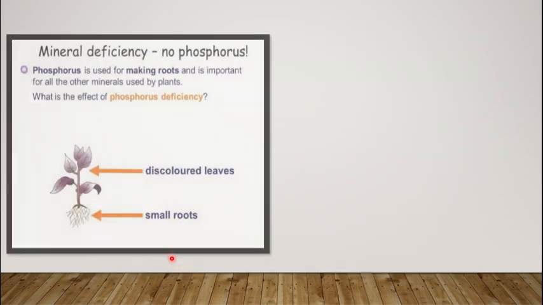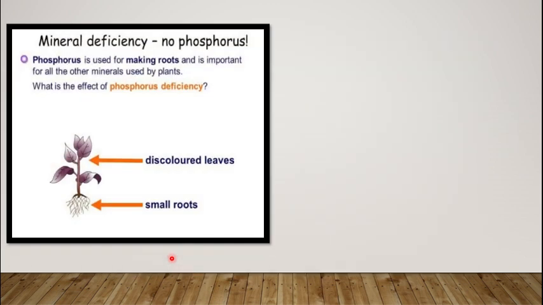Now we will see one by one the appearance of a plant which is deficient in some minerals. Like mineral deficiency, first case is no phosphorus. Phosphorus is helpful in making the roots and important for all other minerals used by the plants. So what is the effect of phosphorus deficiency?